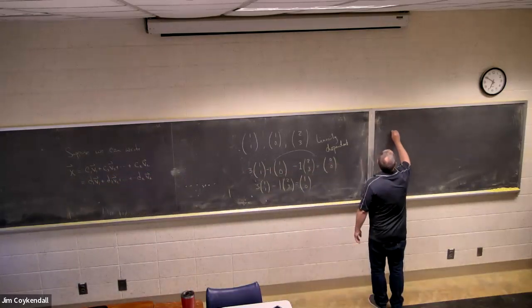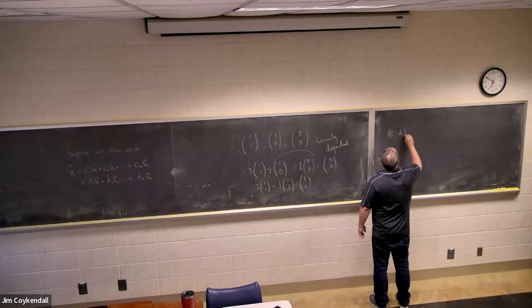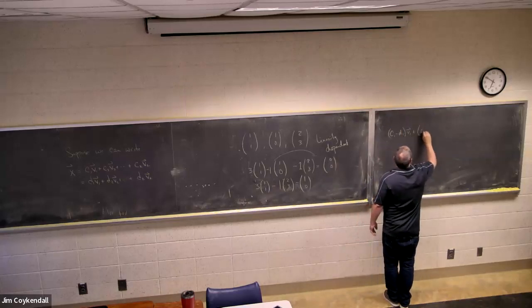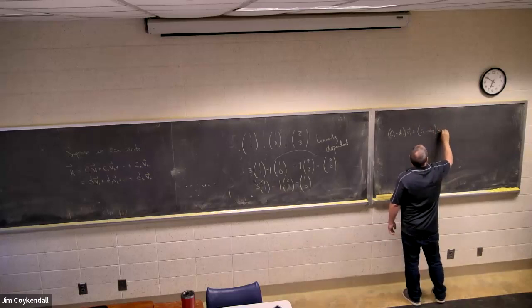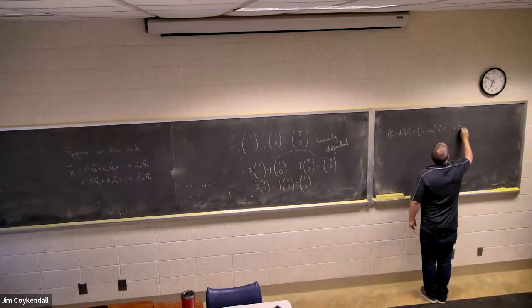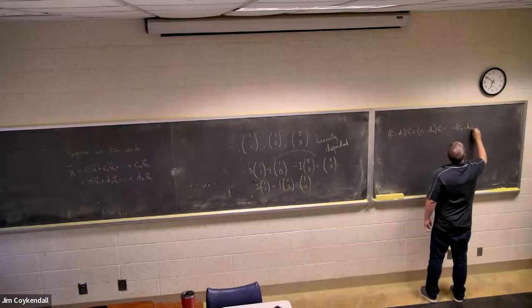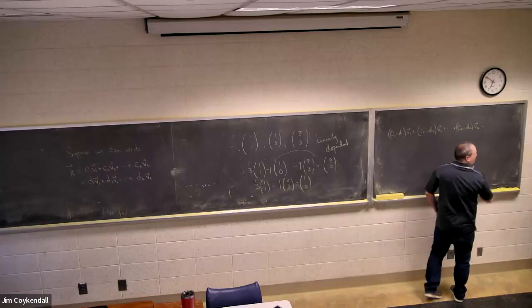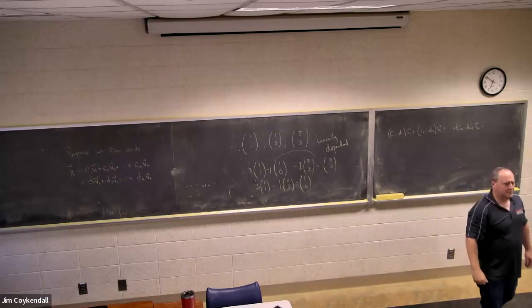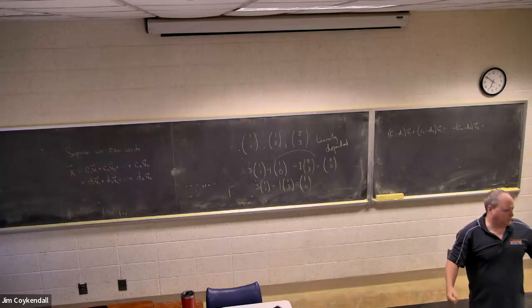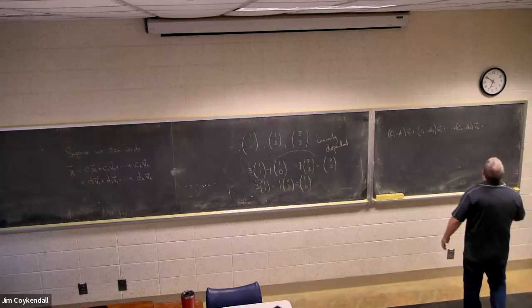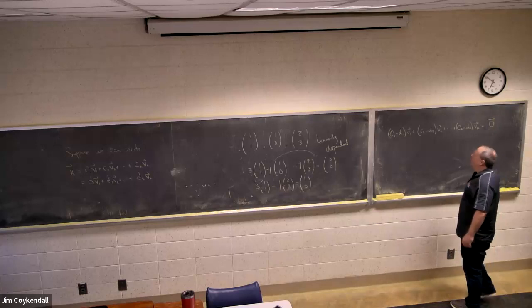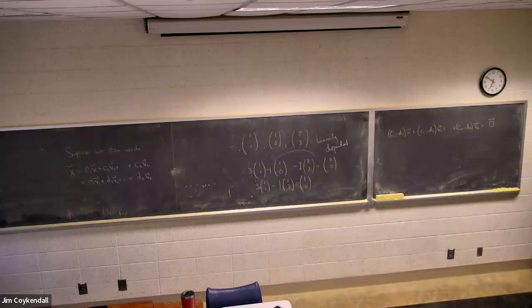Everybody agree that I get C1 minus D1, C2 minus D2, up to CK minus DK, equals what? It should be 0, right? Because I subtracted the same thing from itself. Okay, so what do I know about the vectors V1, V2 up to VK? They are linearly independent, right?